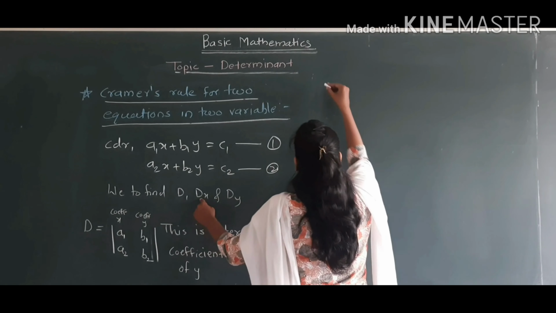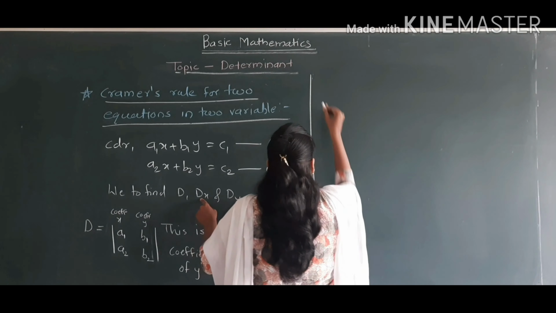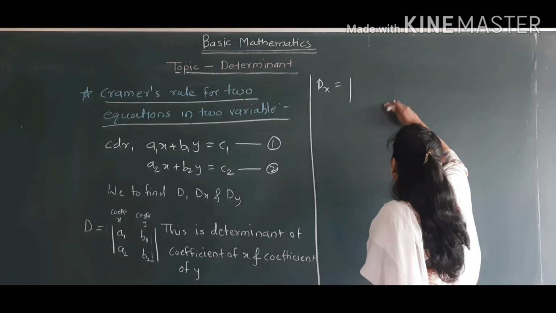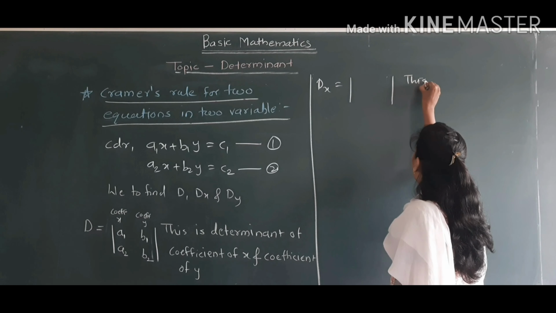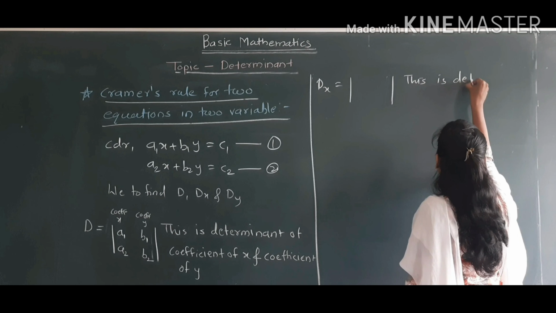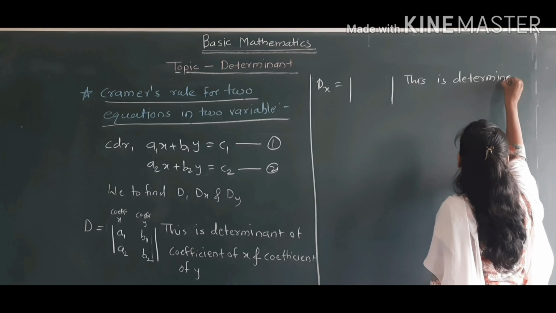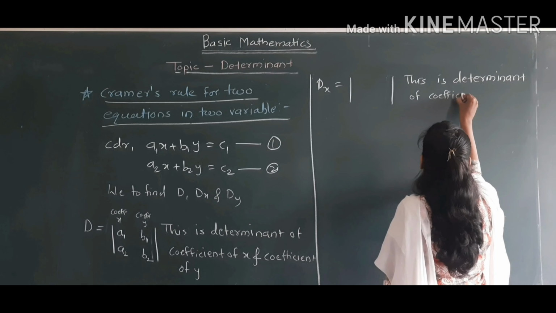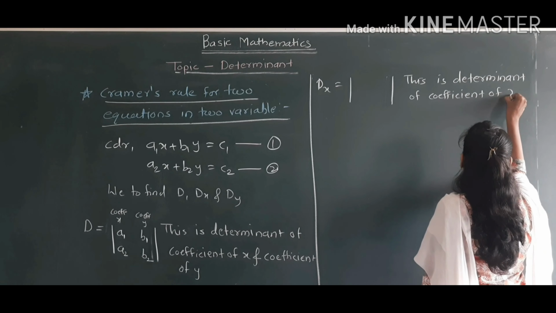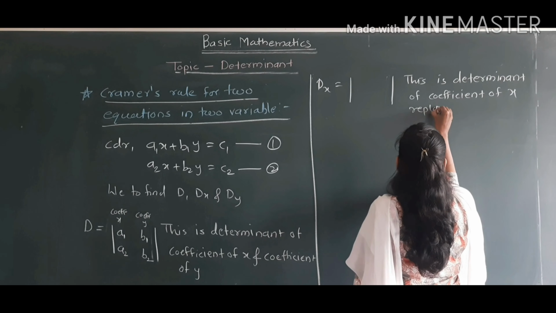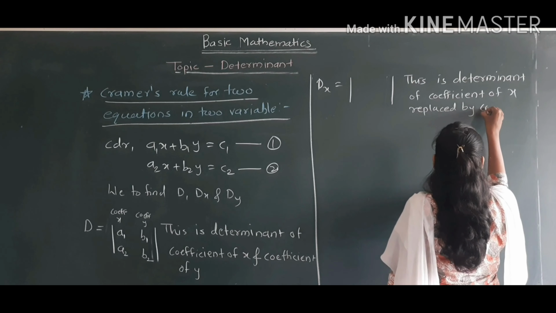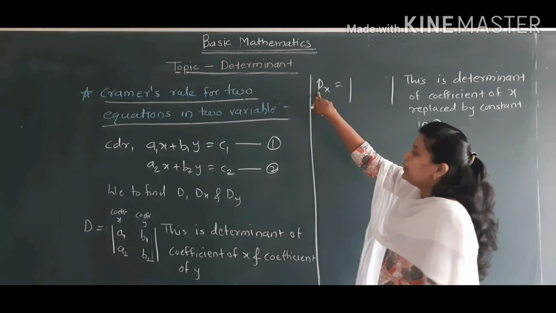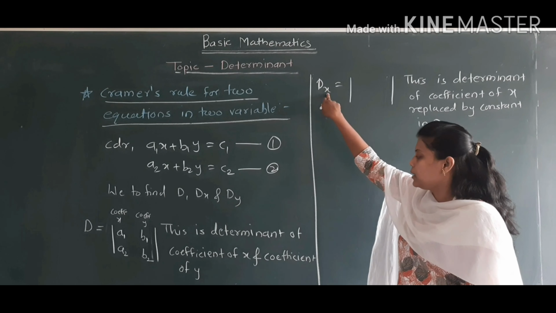Now the next point is Dx. For Dx, this is the determinant of the coefficient of x replaced by the constant in D. In Dx, it has the variable x.